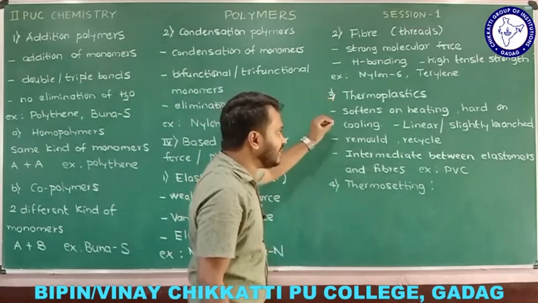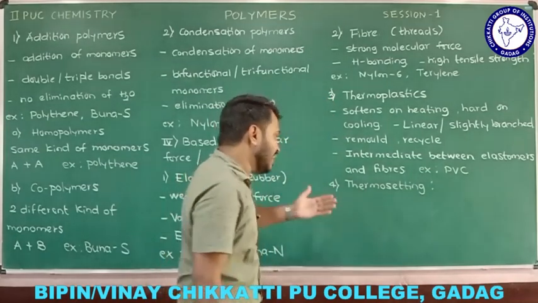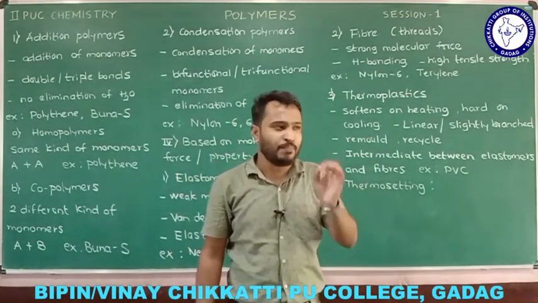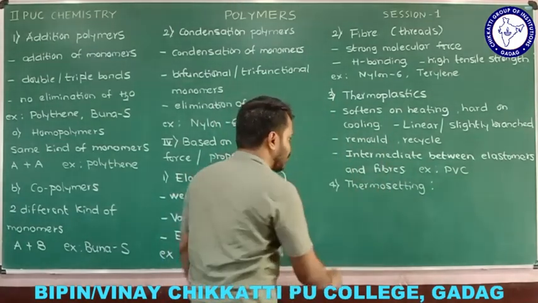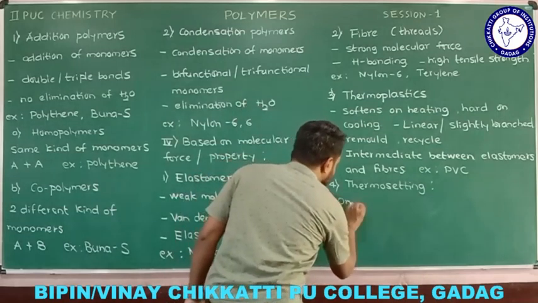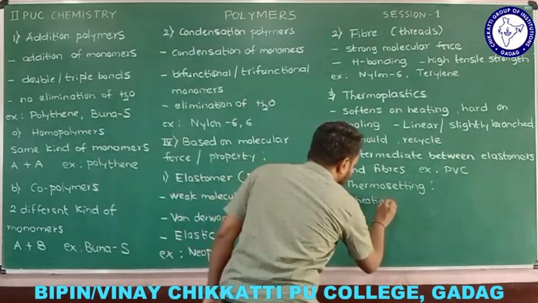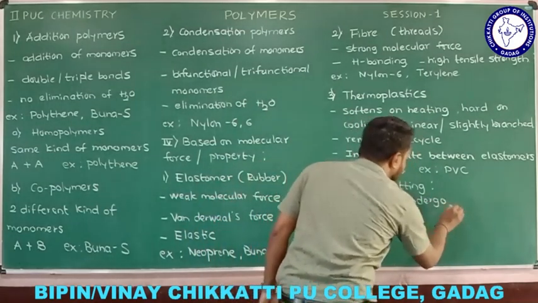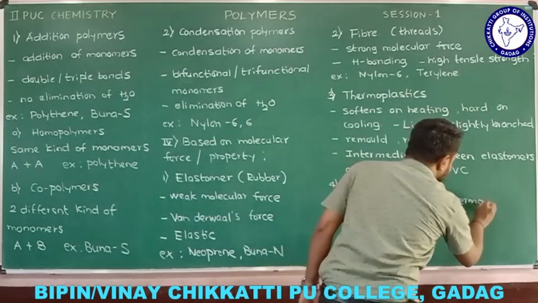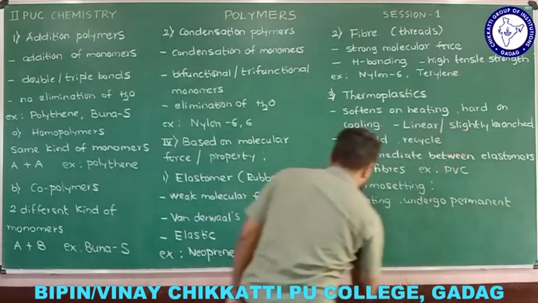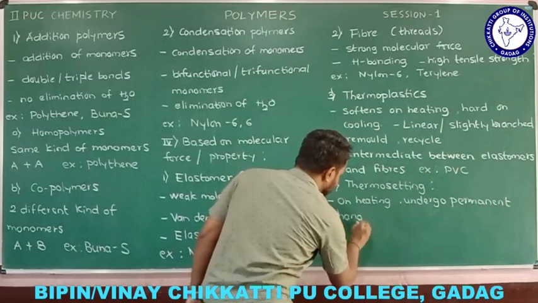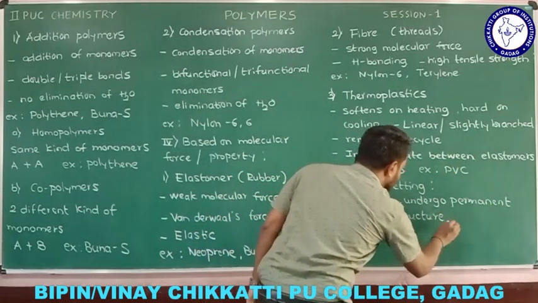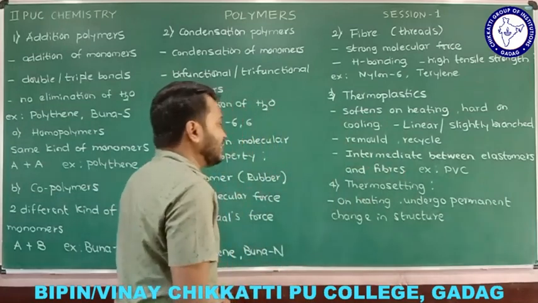Thermoplastics, if you heat that one, will become soft, whereas in case of thermosetting, if you heat the polymer, it will undergo a permanent change in the structure. Permanent change in the structure, and that is the class belonging to thermosetting plastics.